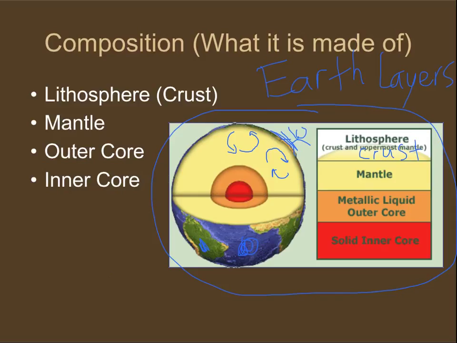So mantle is where those convection currents happen. The outer core, the big thing here is that it is liquid metal, and then the inner core is solid metal. We'll talk about that a little bit more in just a minute.